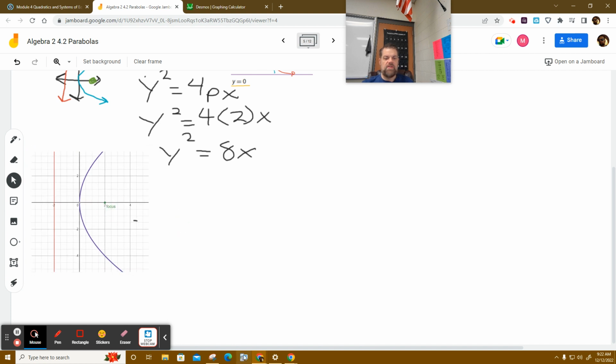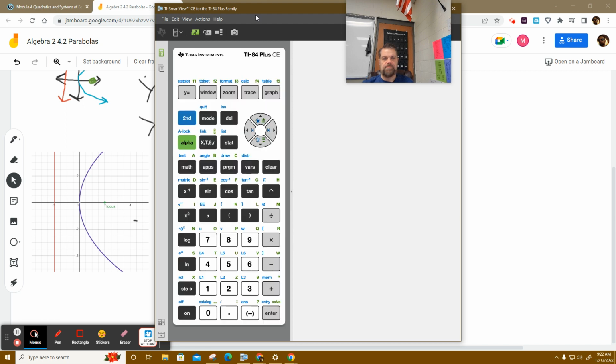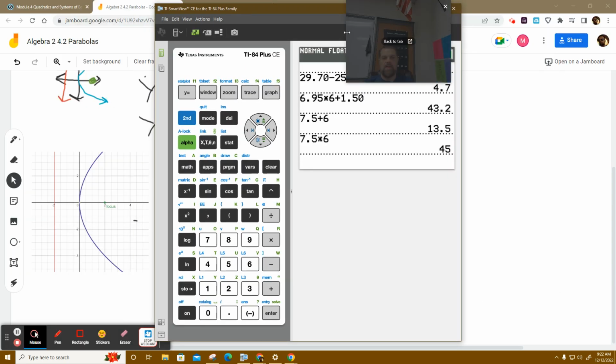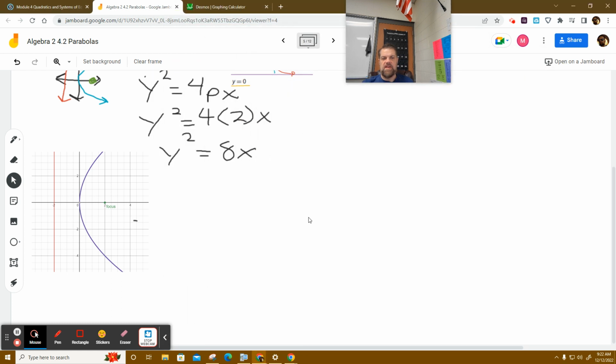Now let me show you how to do this on the graphing calculator. So as I pull up my graphing calculator, we're going to toss this over to the side as soon as it loads up. To do this on the graphing calculator, we got to split it up a little bit. Okay? So let me minimize this. I could do this on the graphing calculator, I just have to split it up. This right now is not a function.